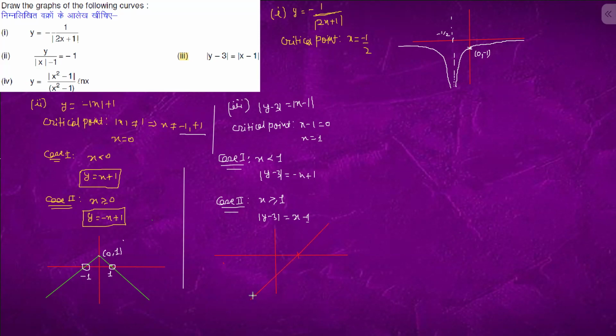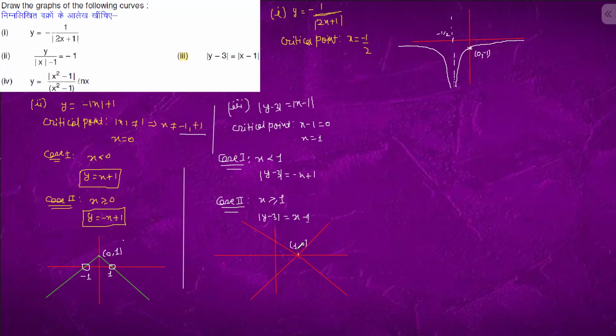We'll draw the complete graph, okay? And for x less than 1, it is minus x plus 1. It is going like this. Okay, so now we'll come to the point. This is point 1 comma 0.